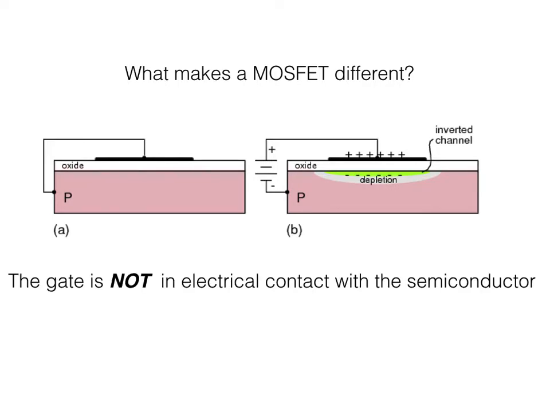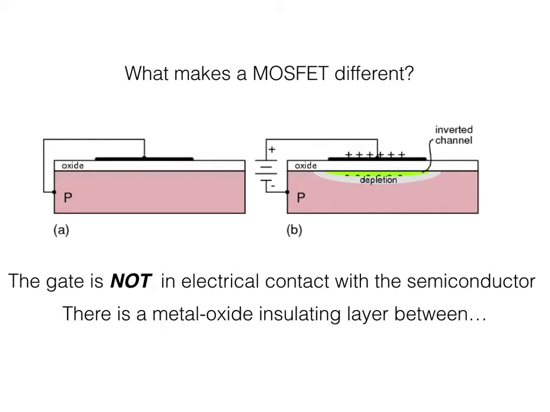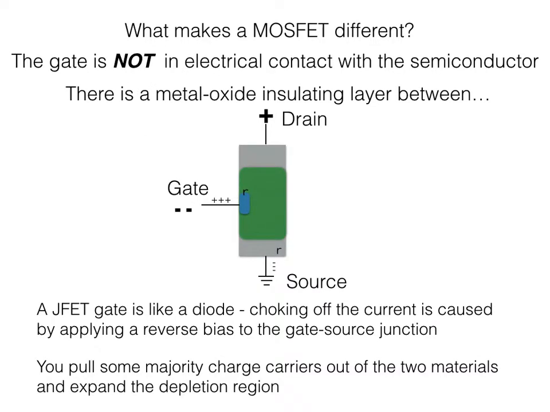So, as I said, the gate is not in electrical contact with the semiconductor. There's a metal oxide layer between. If you remember when we talked about how JFETs work, when we're reverse biasing the JFET, we're actually pulling positive charges out of the gate and negative charges out of the source, thereby expanding or growing the depletion layer and choking off the current.